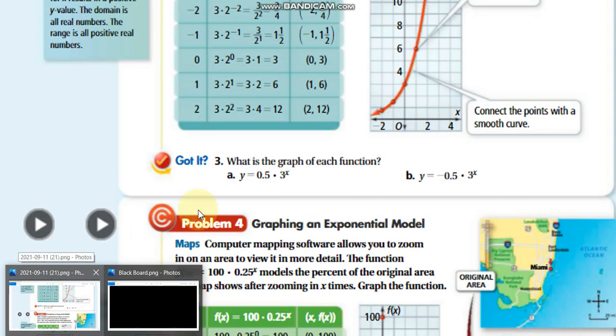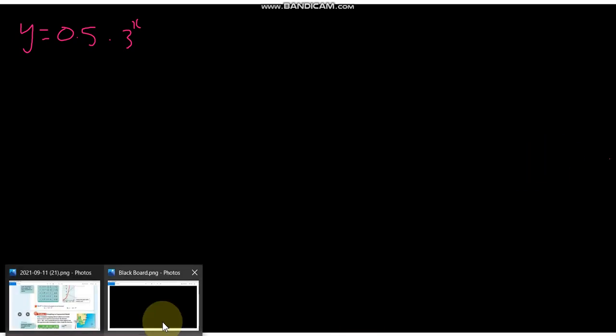Let's remember y is equal to 0.5 times 3 to the power x. Similarly, let me do the second one also. Don't worry, I'll do it for you.